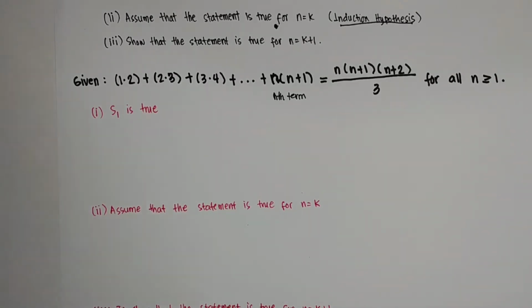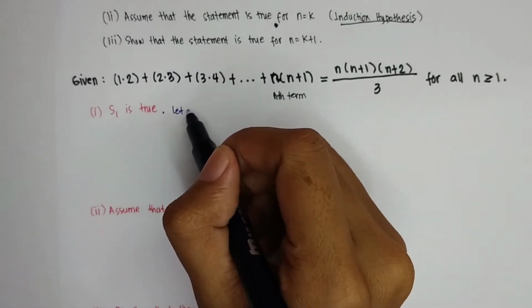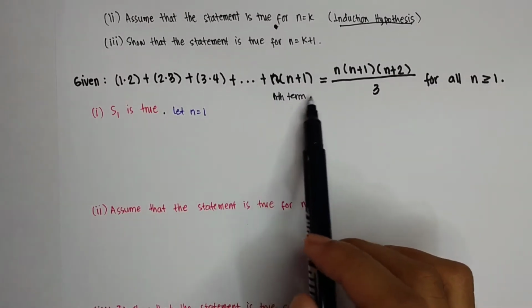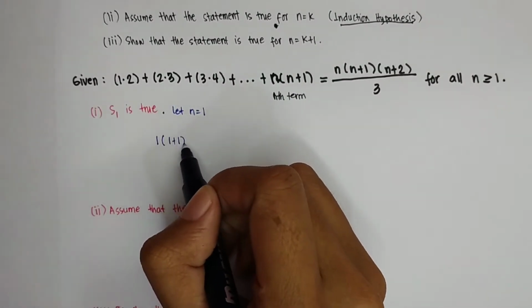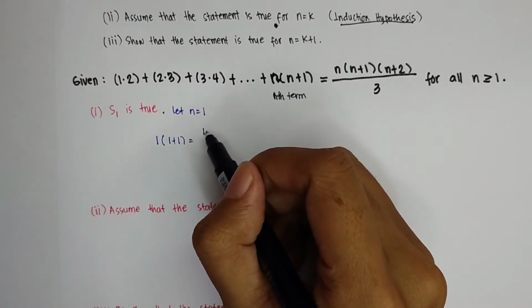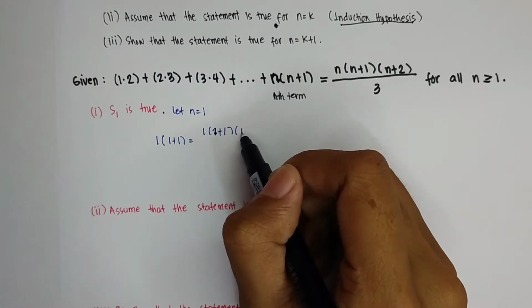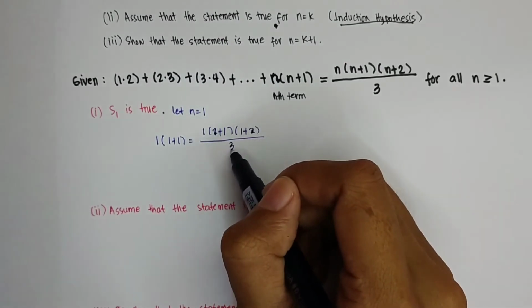Okay, so first step natin, or I mean, yung first condition natin is we need to show that S1 is true. So to show that S1 is true, let n be equal to 1. So gamitin natin itong n term natin. That will be 1 times 1 plus 1 is equal to 1 times 1 plus 1 times 1 plus 2 all over 3.